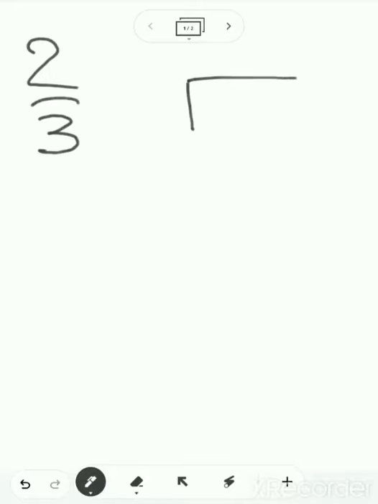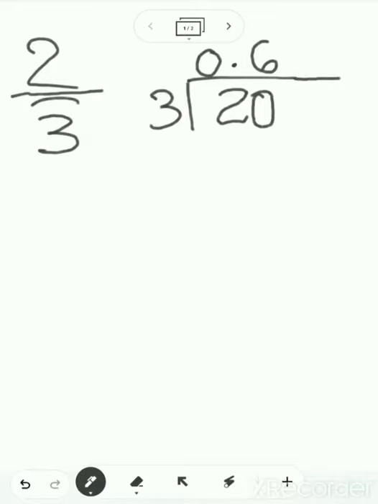Our numerator goes on the inside and our denominator goes on the outside. 3 into 2, of course we can't, and so we're going to add the decimal point above the 2, and we're going to put a 0 in front of the point to hold the space. We're also going to put a 0 beside the 2, and it now becomes 20. So we're going to say 3 into 20, and we end up with 6.